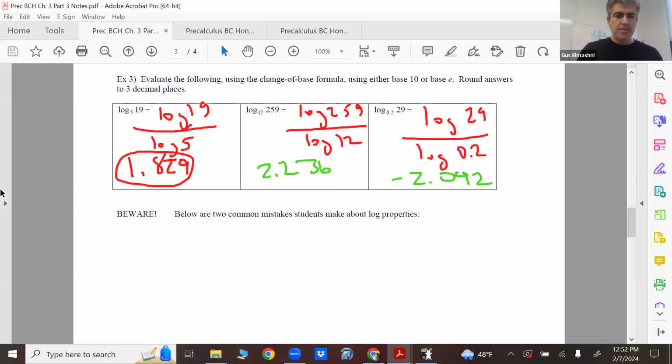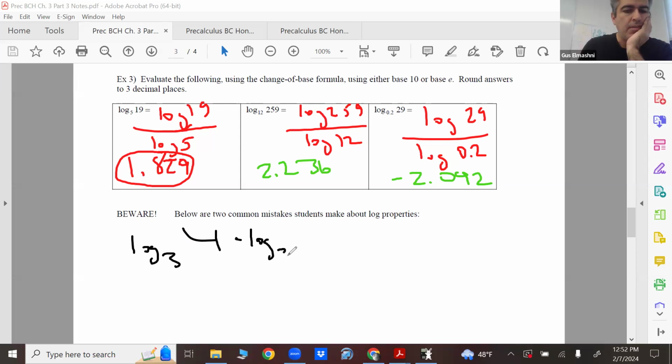Now, common mistakes. Say, for example, log base 3 of 4. Can I simplify that? This can't be simplified.